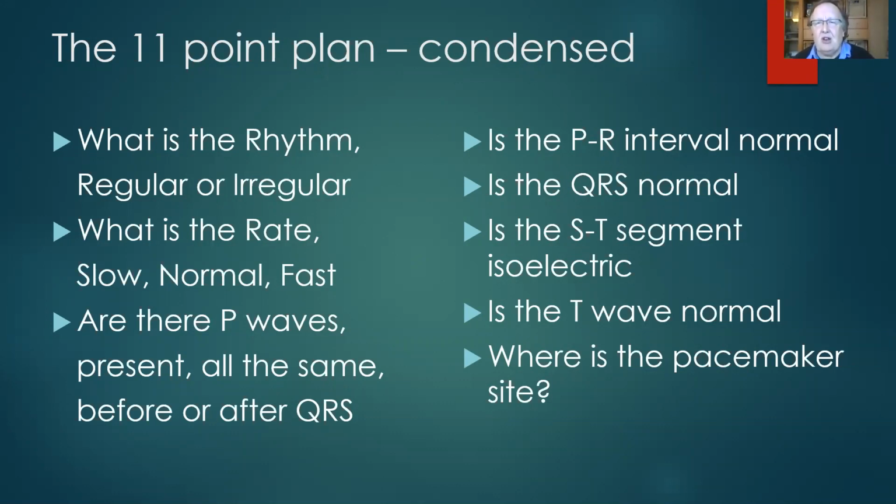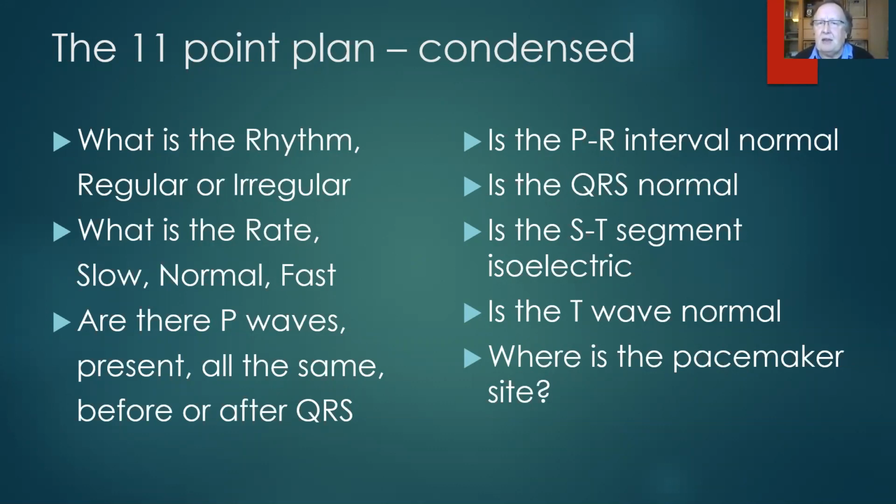If it takes longer than that, if it is broader or wider, there's something not right. There could be a bundle branch block, or it may be a ventricular rhythm. But if the QRS complex is normal, then you're pretty sure that it is supraventricular. The impulse has come from above.